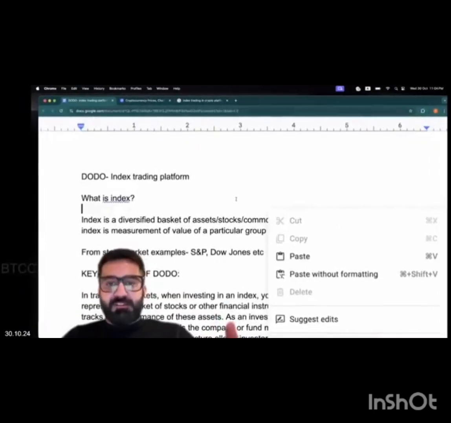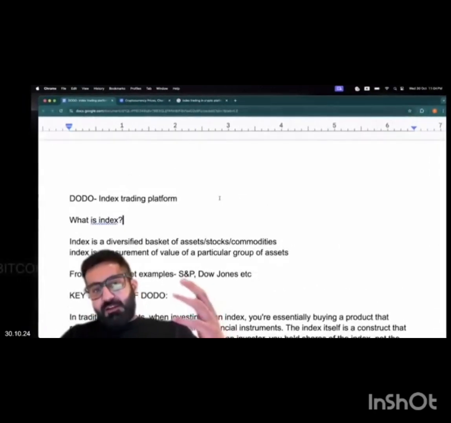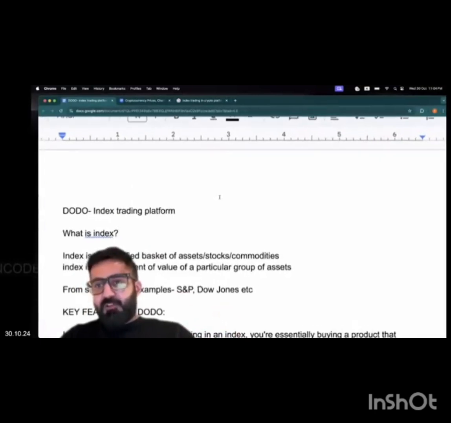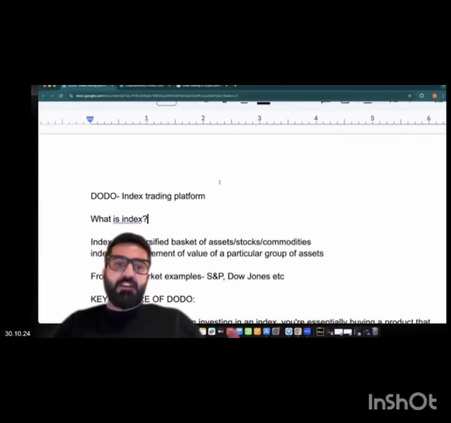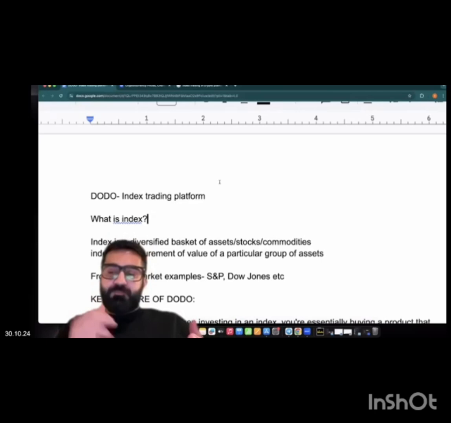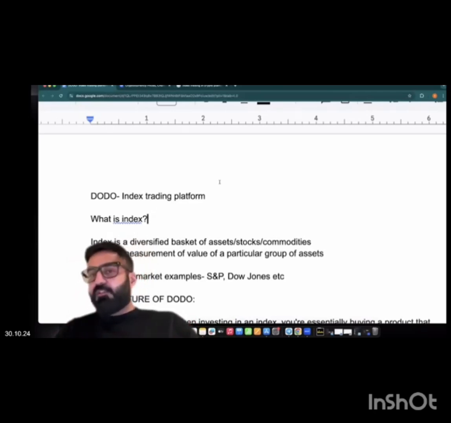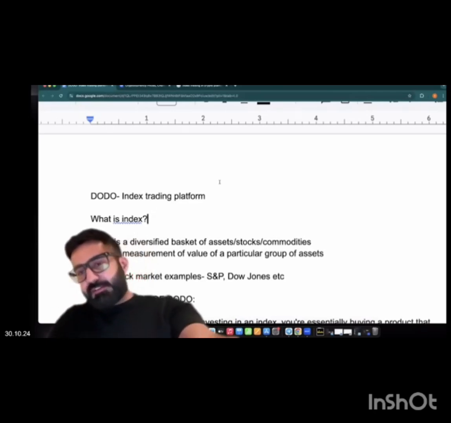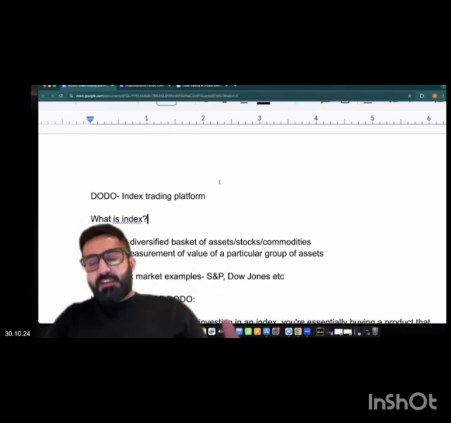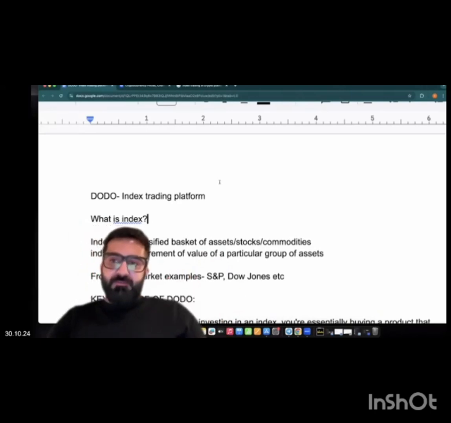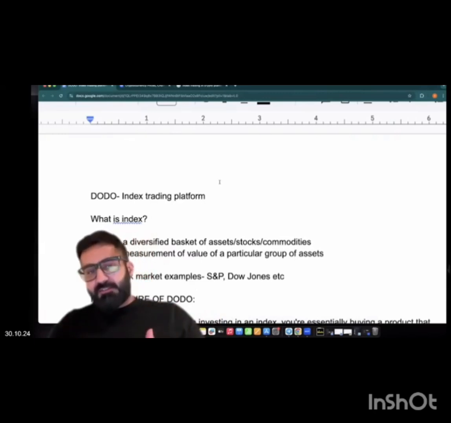Before understanding what a DeFi index trading platform is, what Dodo is, we need to understand a very basic thing: what is an index, or basically, index trading. What are indexes? What are indices?